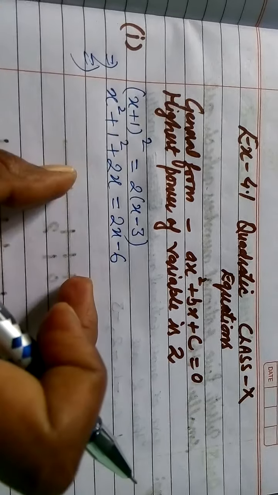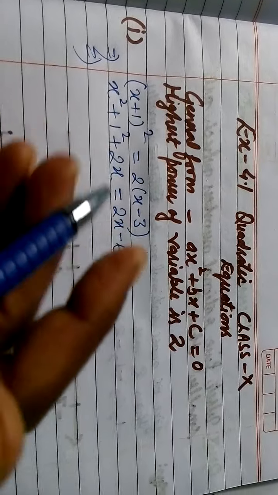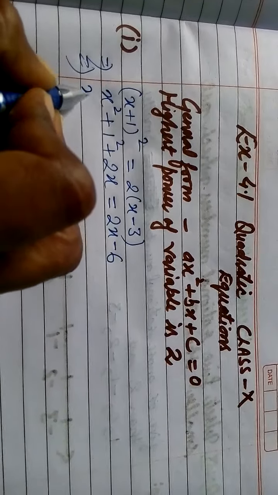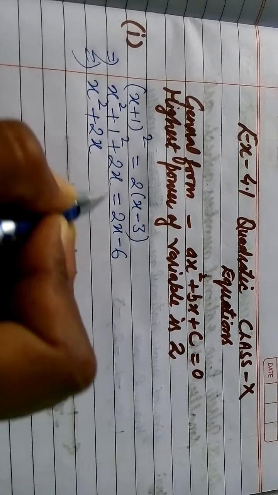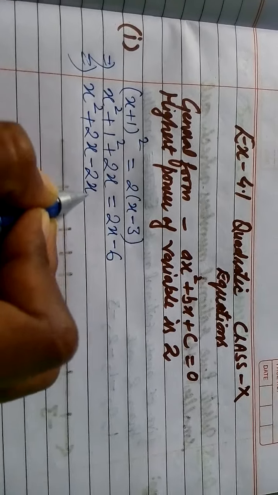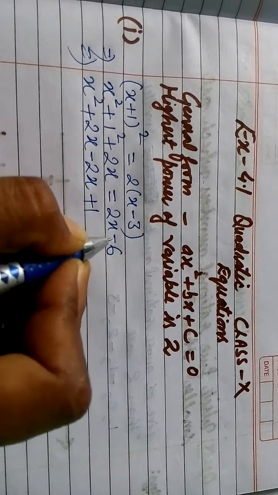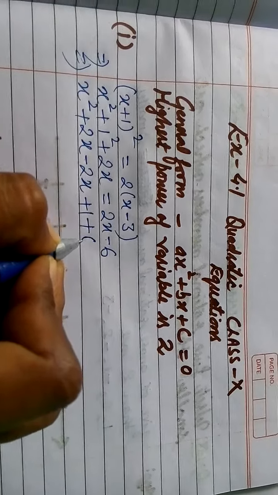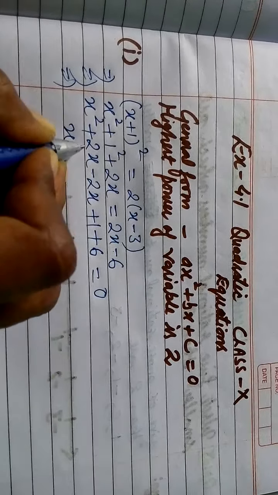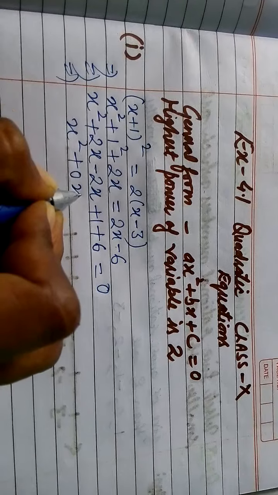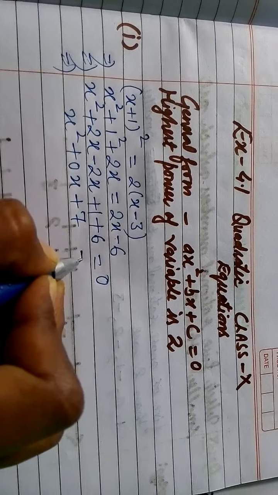Now to make this equation equal to 0, bring all these terms to this side. So I'll write x square plus 2x, and this turns negative when I bring it to this side, plus 1, and this again changes into plus, which is equal to 0, and which is further equal to x square plus 0x plus 7 is equal to 0.